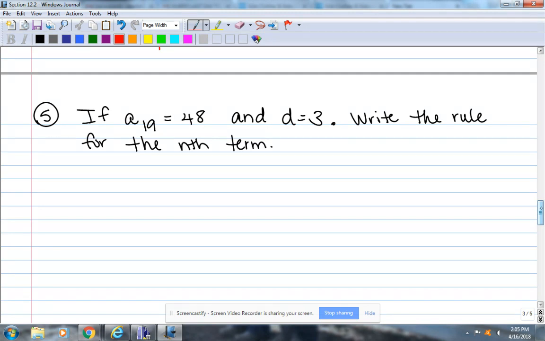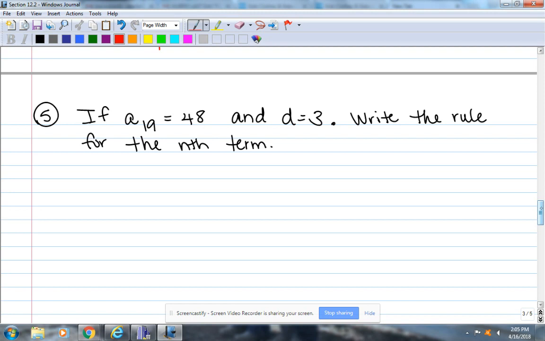All right, this time they told us the 19th term is 48 for some series. So we don't know anything about the series except for the 19th term is 48, and it has a common difference of 3. So before I can write a rule, I have to find what number term? The first one, right?